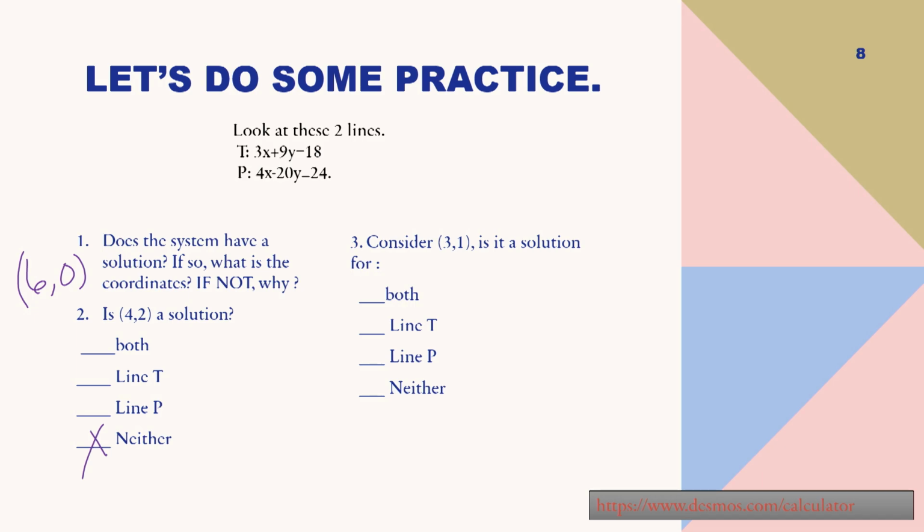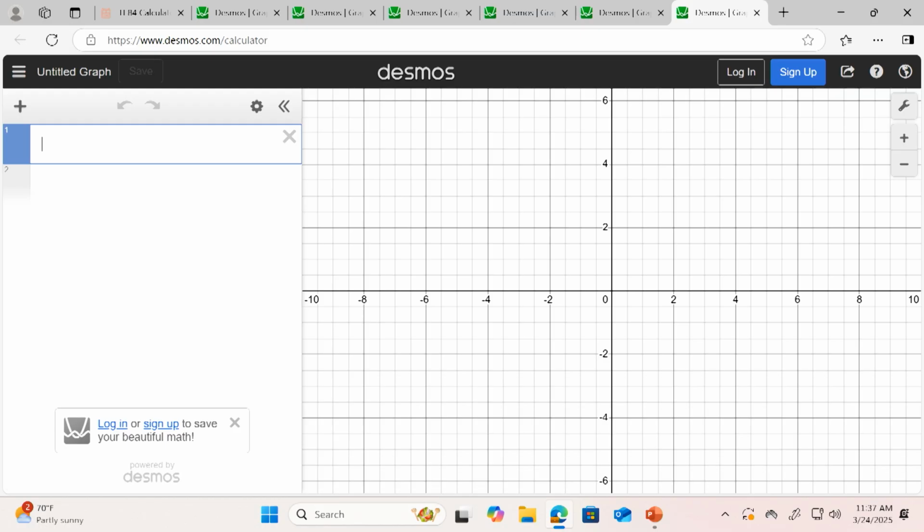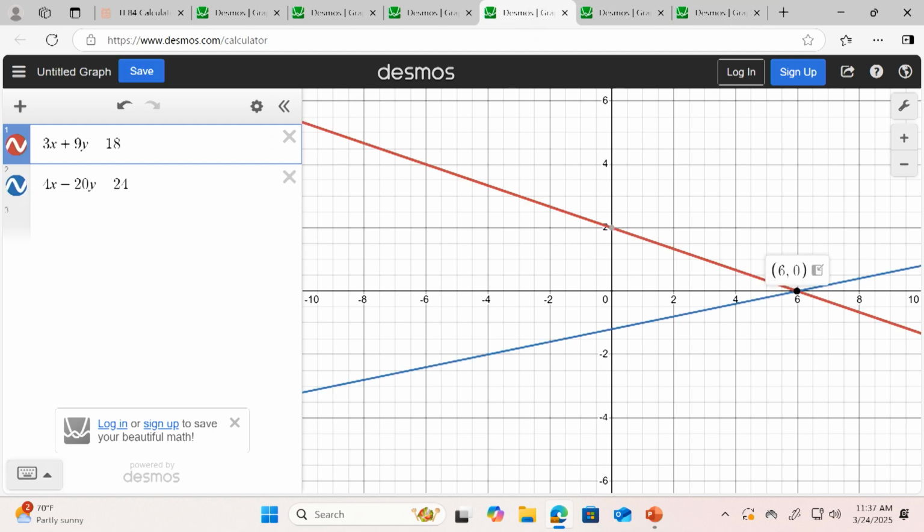So number 3 says, consider 3, 1. Is it a solution? So let's go back to 3, 1 on our graph. And I've got 3, 1. It's going to be about right here. And it is on neither one of those.